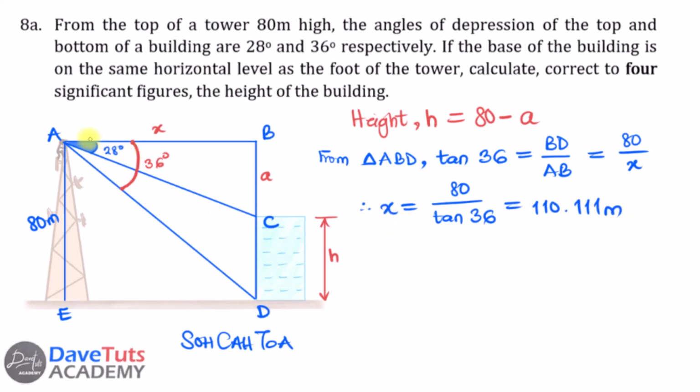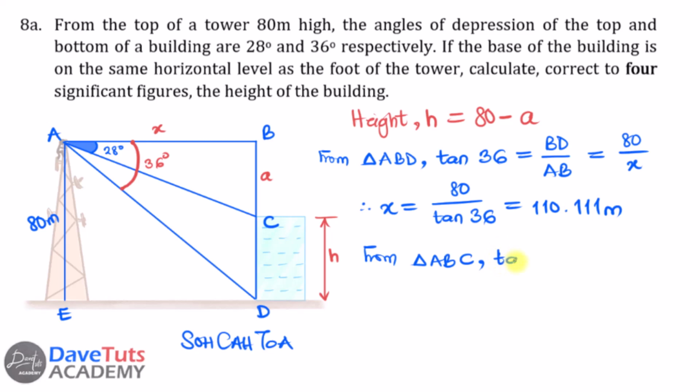Now, since I have the value of adjacent AB, which is X, I can now find A. I can say from the smaller triangle now, ABC, again, what we have is the included angle, which is 28 degrees. Then I want to relate the opposite of it, which is BC, to the adjacent. Tangent is still going to be what will be relevant for us.